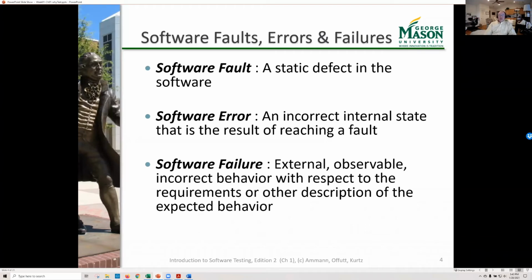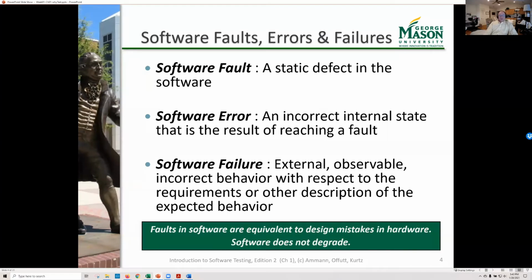And a software failure is some externally observable incorrect behavior with respect to what the software should have been doing. So if I had a calculator and I hit 2 + 2 = and it came back with 5, that is an externally observable incorrect behavior. It should have been 4.